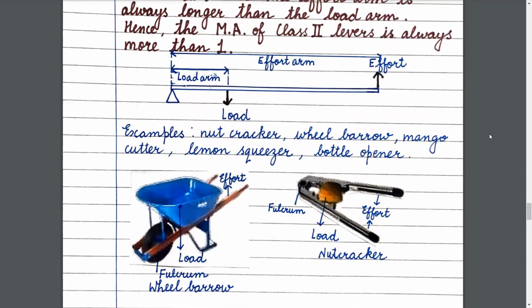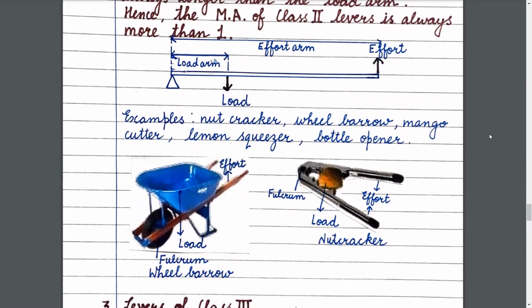For example, a nutcracker. See, children, the load is in between the fulcrum and the effort, and the effort arm is longer than the load arm.